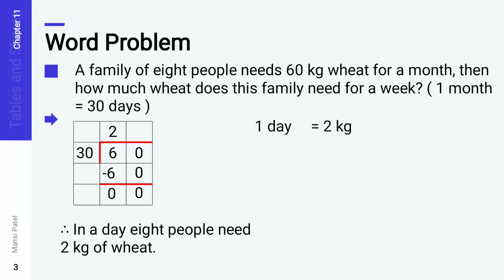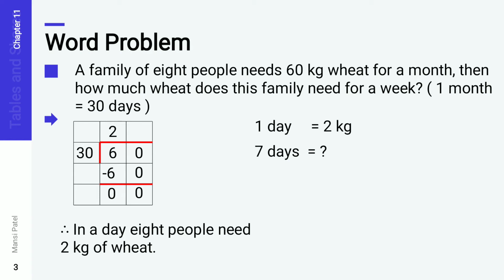Therefore, we can say that in 1 day, they consume 2 kilogram of wheat. So now in 7 days, how many kilogram of wheat do they need? Now, you can see here, this is our unitary method. As per the unitary method, what we want to do? The number which is written in the cross, do the multiplication.